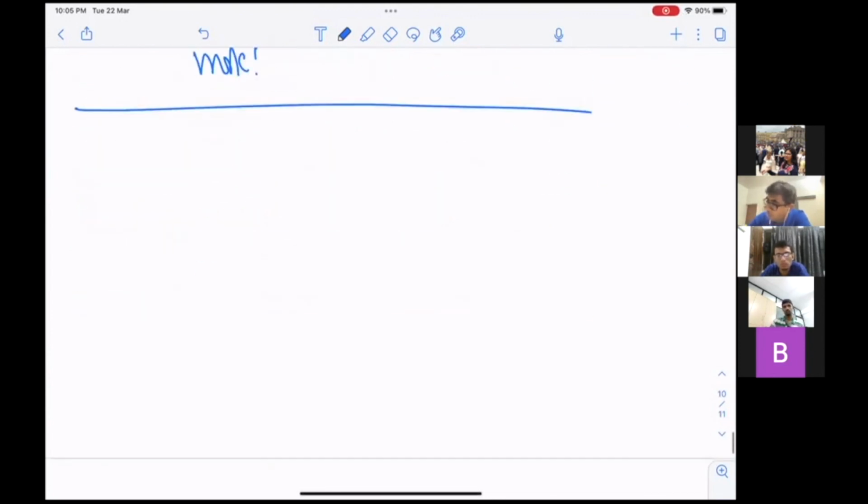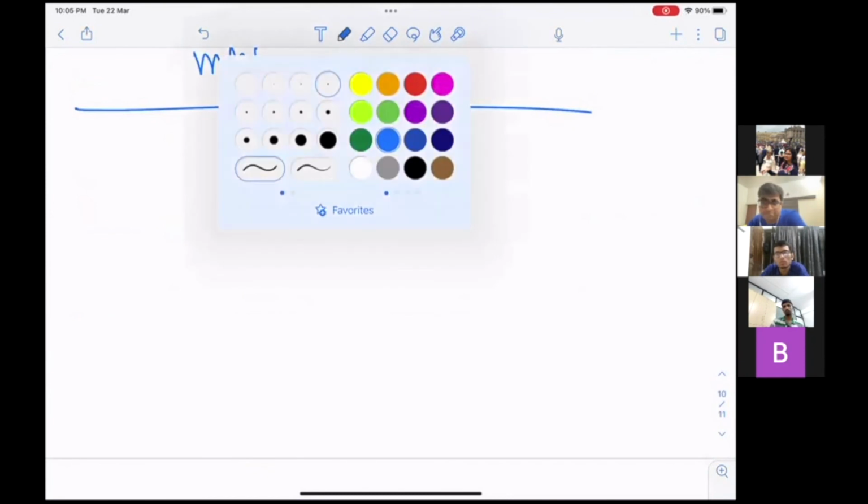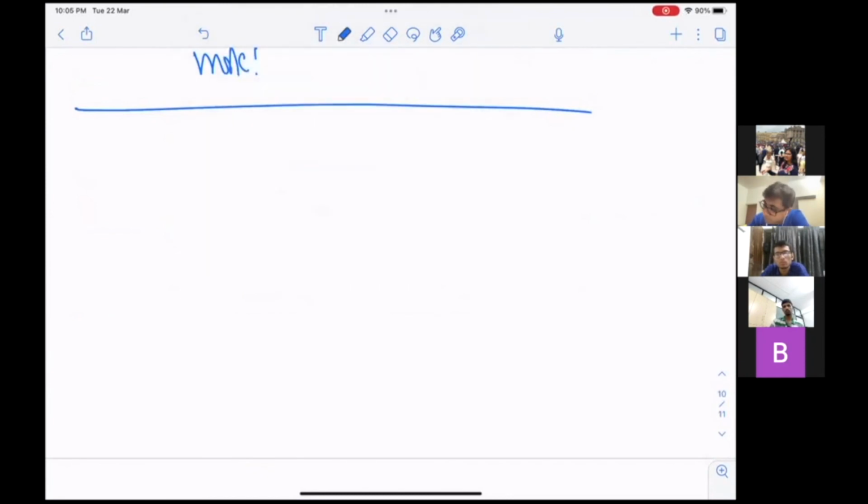Okay, so let me tell you what works. It's almost there. Here it is X and here it is YZ. What I do is I make a big fat vertex called YZ.